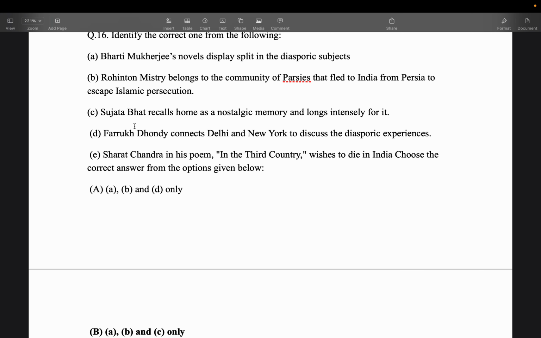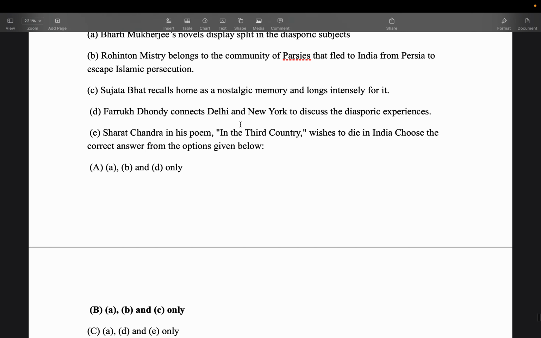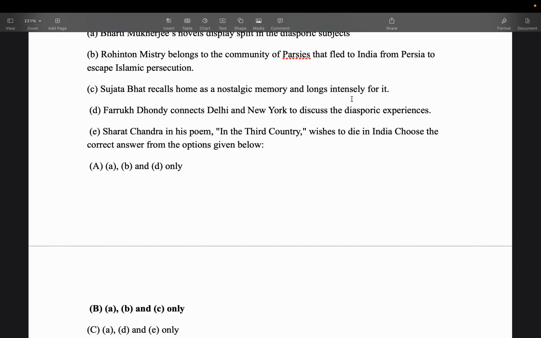Both are correct. Then Sujata Bhatt recalls home as a nostalgic memory and longs intensely for it. Farrukh Dhondy connects Delhi and New York to discuss diasporic experiences. That is wrong. Farrukh Dhondy is a Parsi writer.